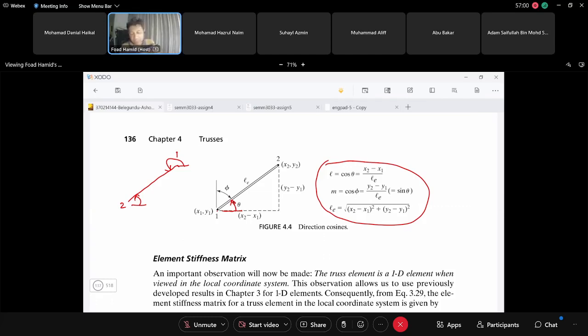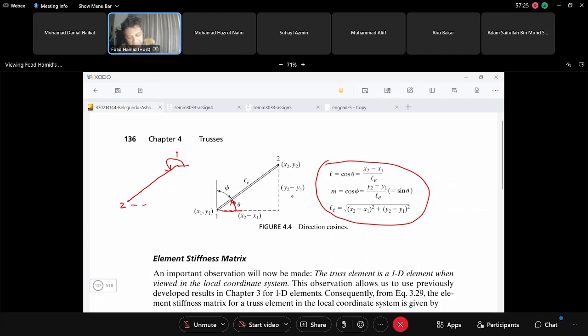This happens every time I teach this class, students make mistakes. I keep telling them before the test, remember this figure because this is what we use to determine the angle theta. Once you know where your theta is, then you can calculate your L and M correctly.